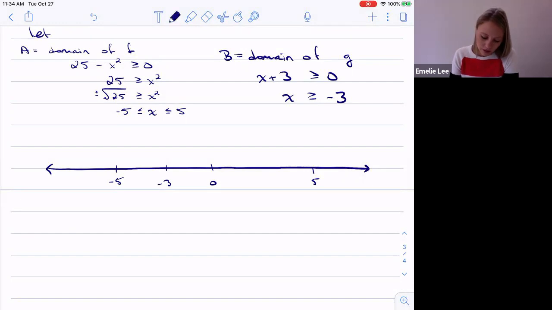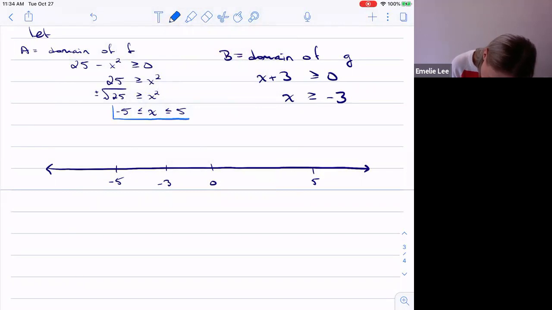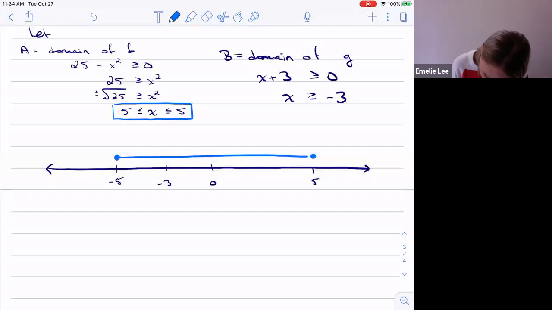If A is the domain of f, I'm going to plot those. Notice that it's including the endpoints, so I'm going to have closed dots here at 5 and -5, and A is going to be everything in between. Whereas the domain of g is x greater than or equal to -3.